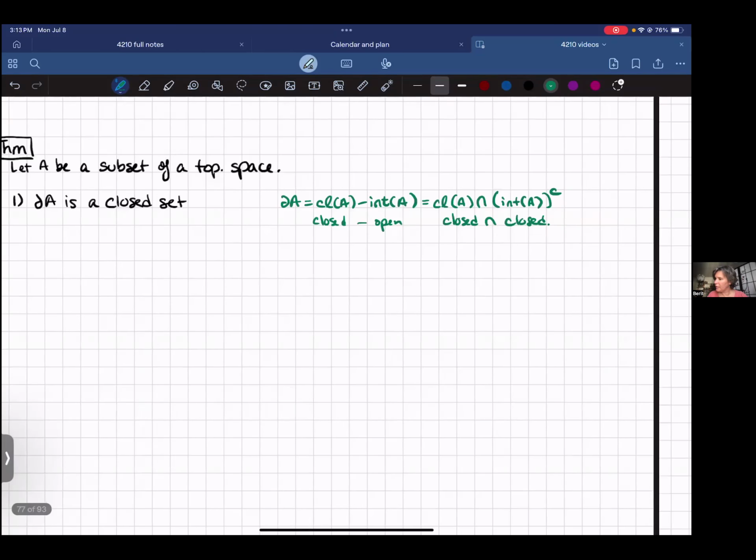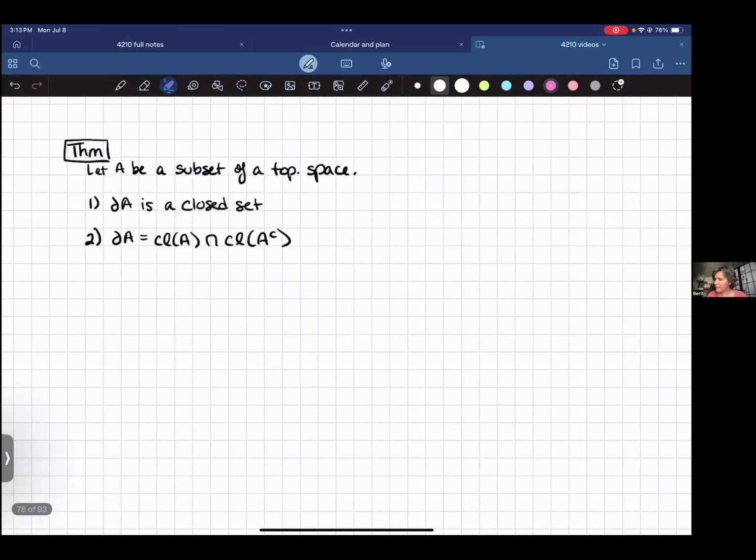The next statement is that the boundary of A is equal to the closure of A intersected with the closure of A complement. So why is that?